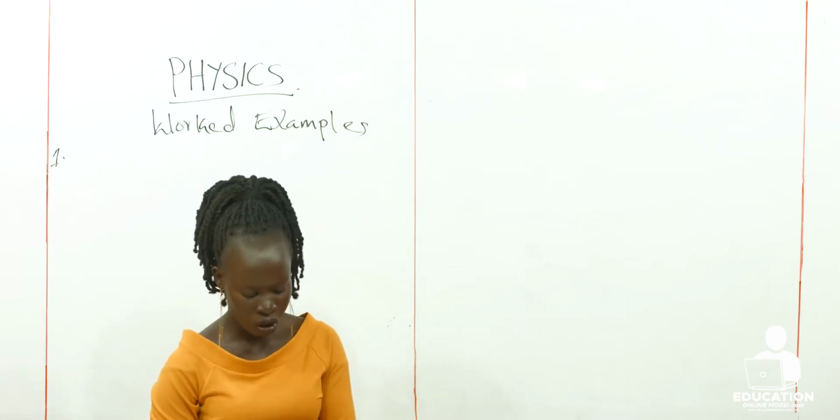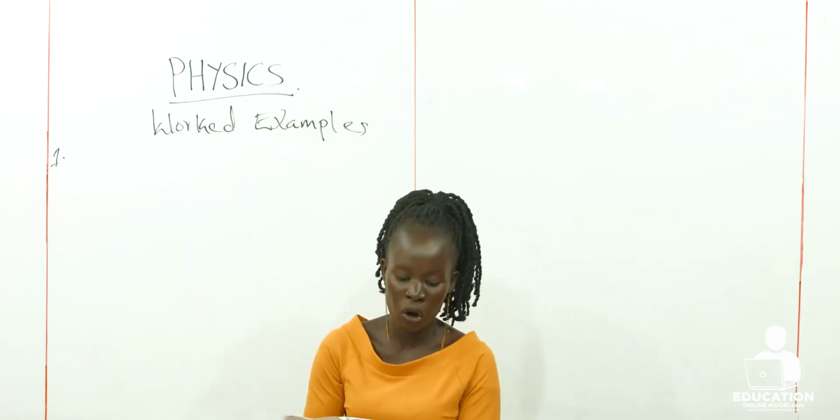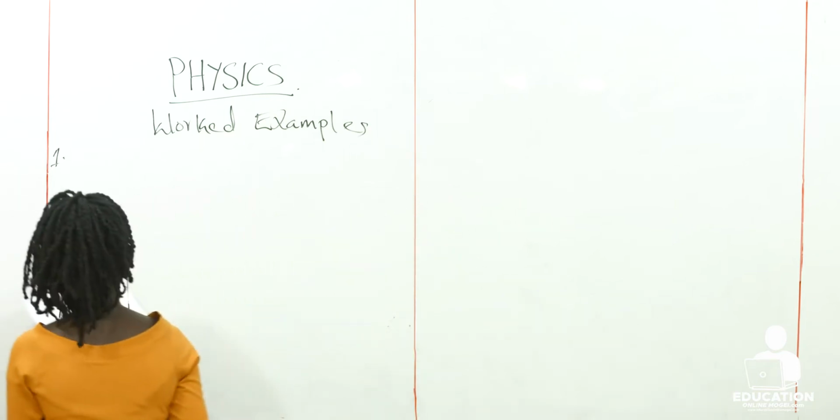Let me put the question down so that we try to summarize and see how we shall draw the velocity against time graph for the cyclist.